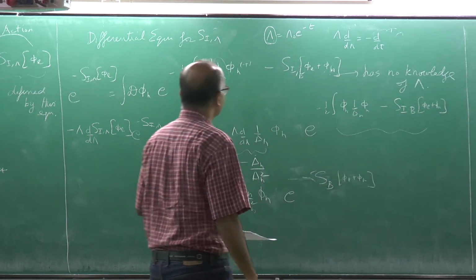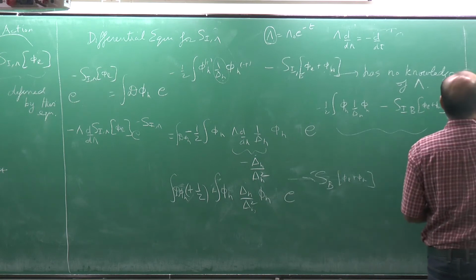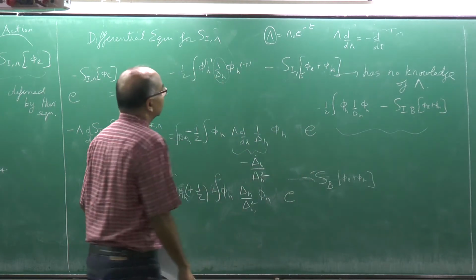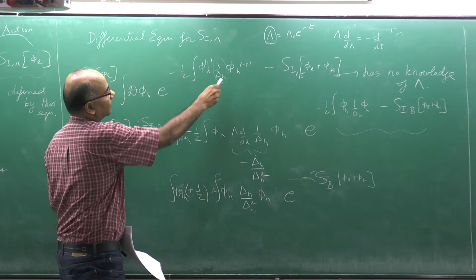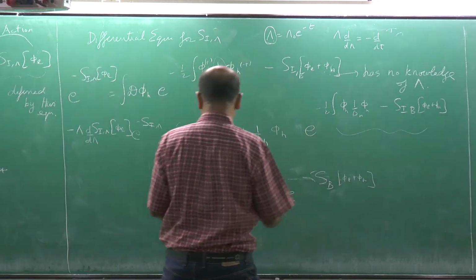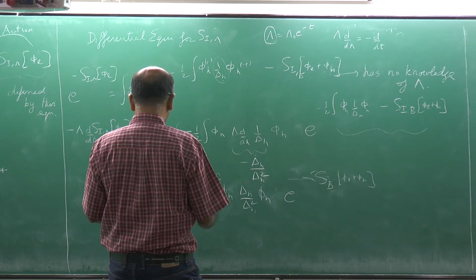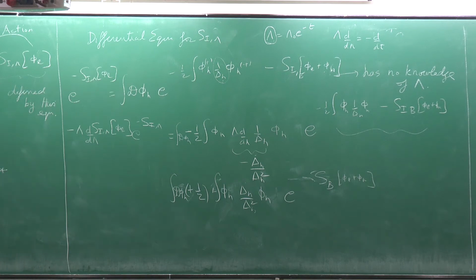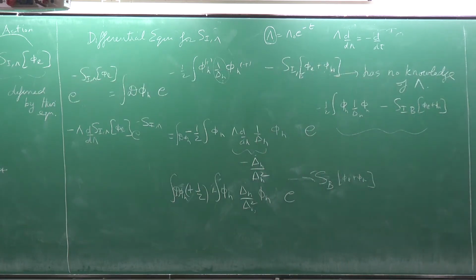When I act with d by d phi p, what do I get? You get something from here. Wait, sorry, I missed one step. I should have done that. Okay, back up. Before I do that, let me rewrite this in another form.